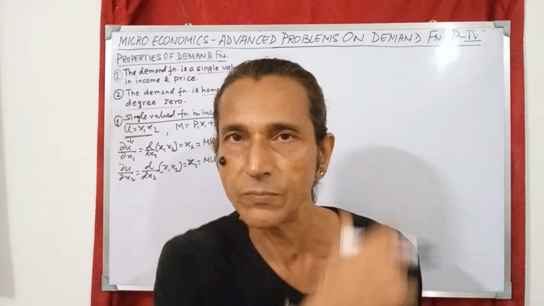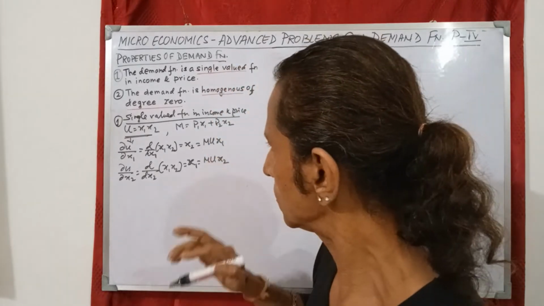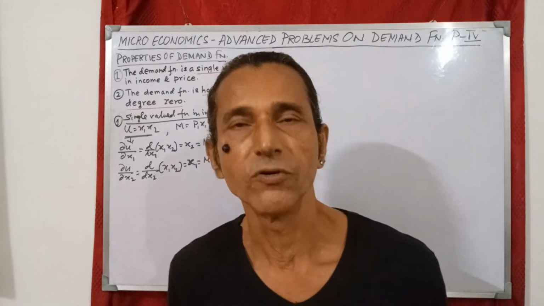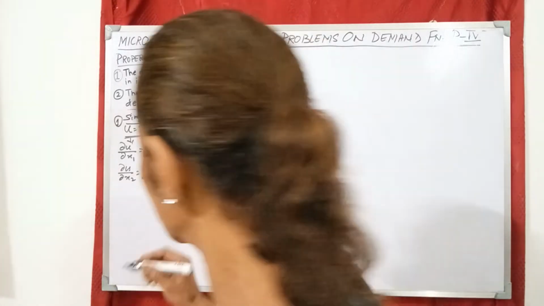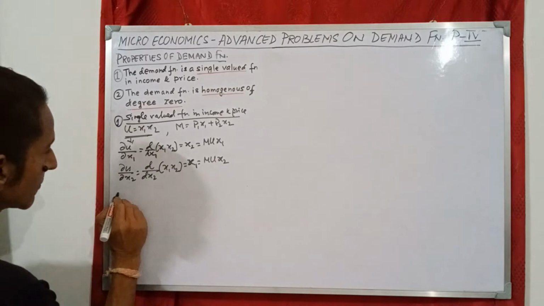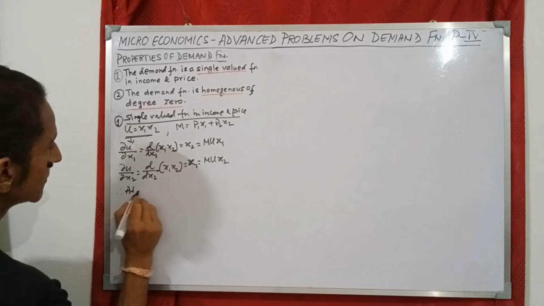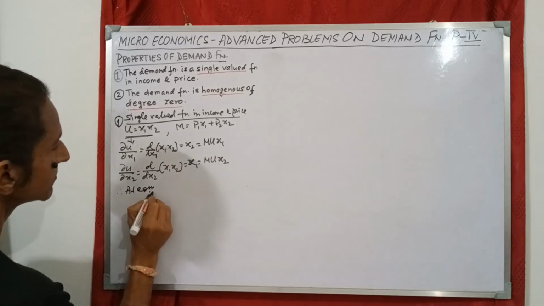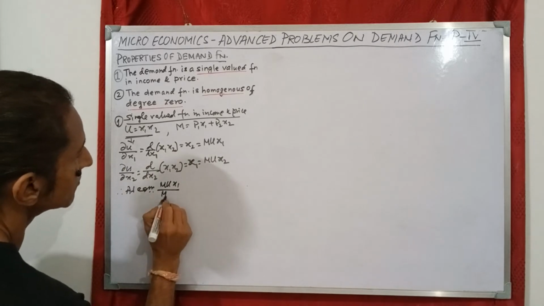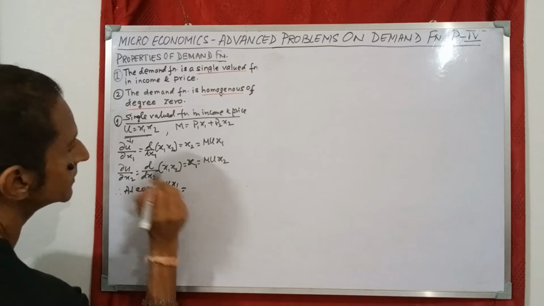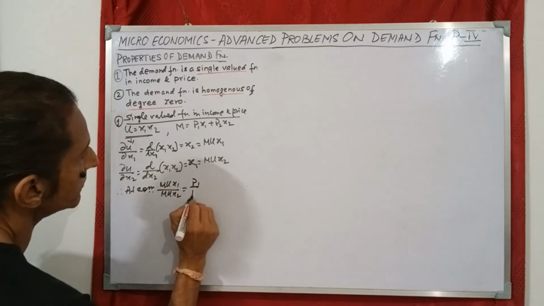Now at equilibrium, we know the ratio of the marginal utilities will be equal to the ratio of prices of the commodities. Therefore, at equilibrium, MU x1 by MU x2 is equal to p1 by p2.